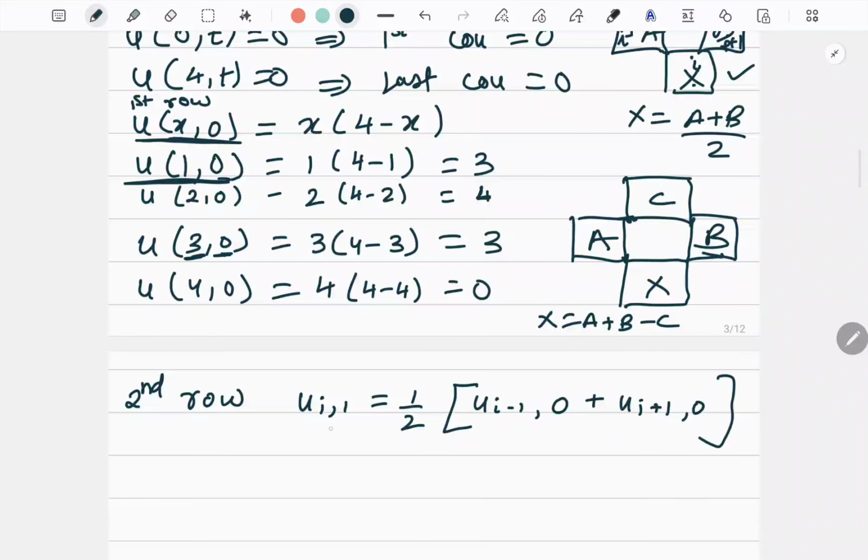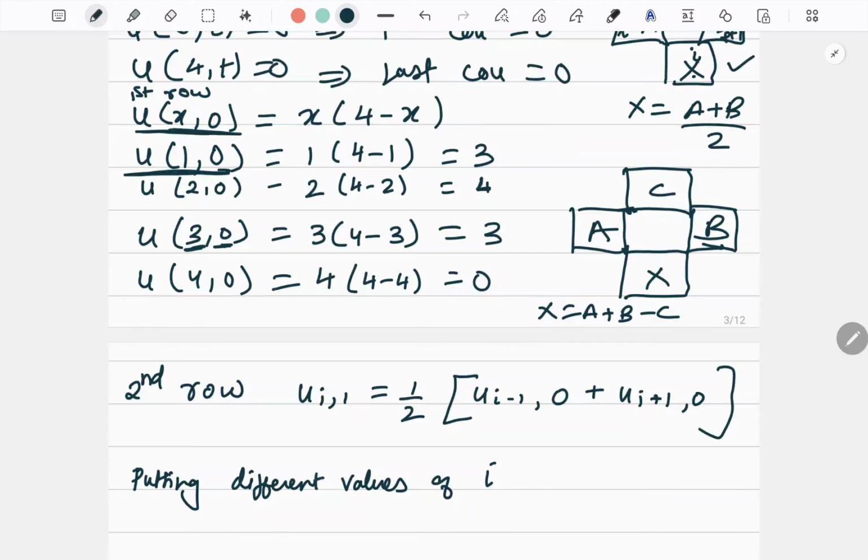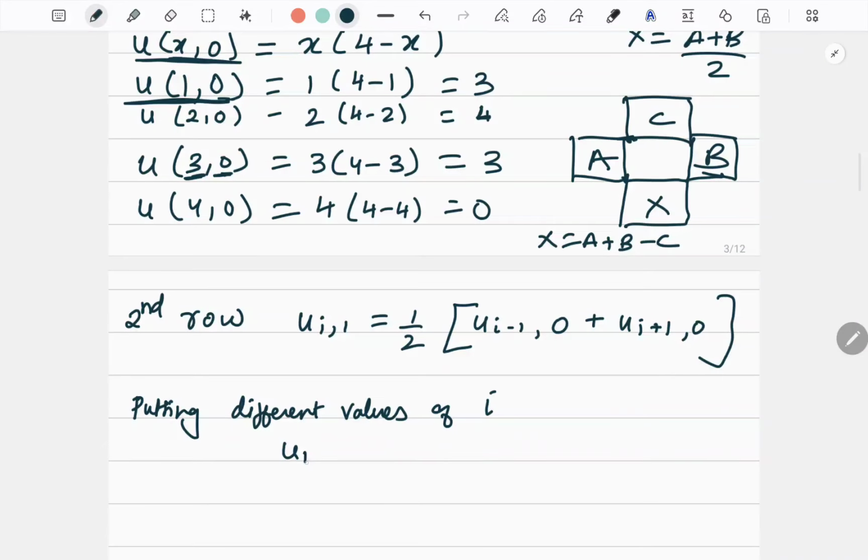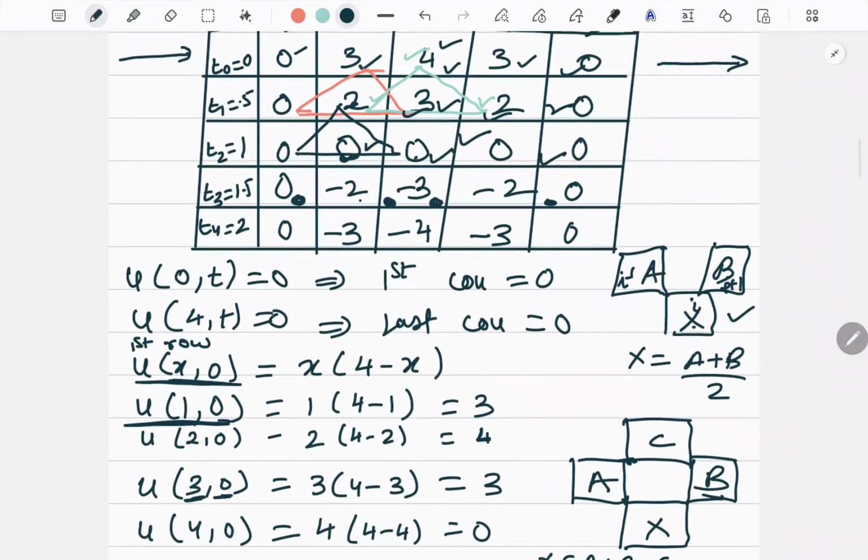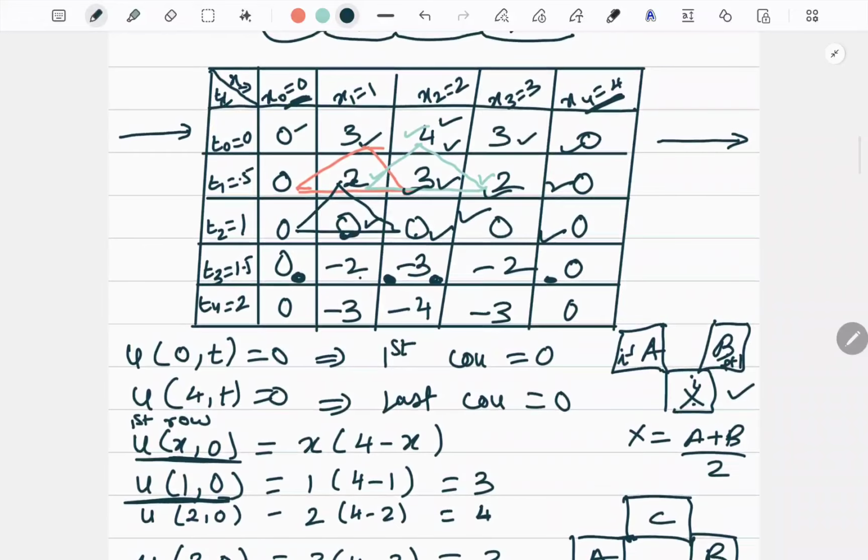Now when you write u(i,1) is equal to this formula, you simply write putting different values of i. Now you write u(1,1) is equal to what are the values you have got. Look at your table: 2, 3, 2.